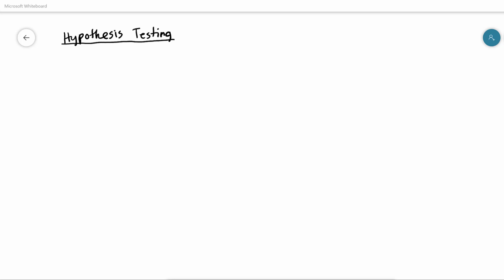And in this case, it's going to be some sort of statement that is backed up by some sort of evidence. So we will have some evidence that supports this particular hypothesis, and we'll try to test and see whether that hypothesis is actually true or not. So that's going to be the idea.